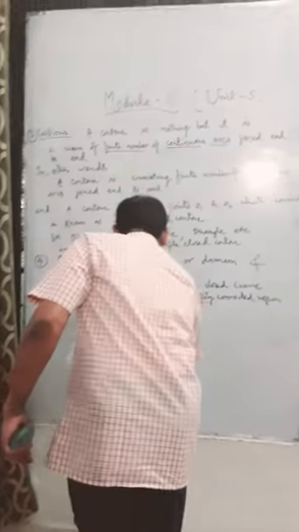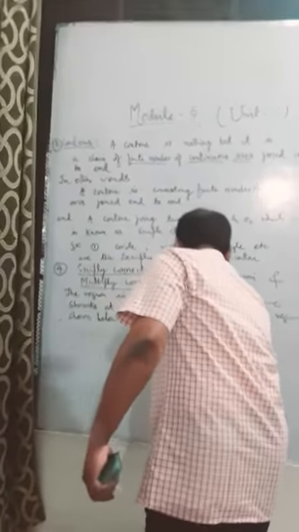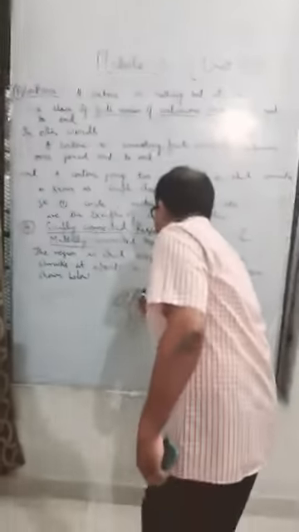Suppose a region is taken, and this is the shaded portion. This shaded portion is a simply connected region. This is called a simply connected region.